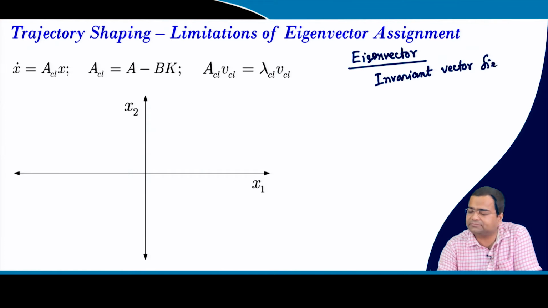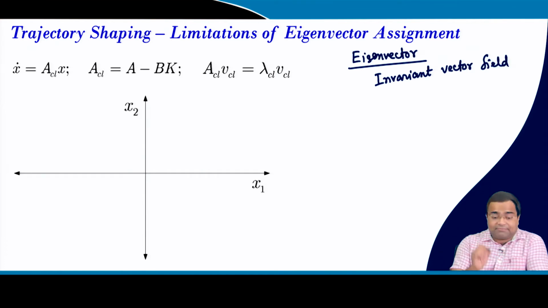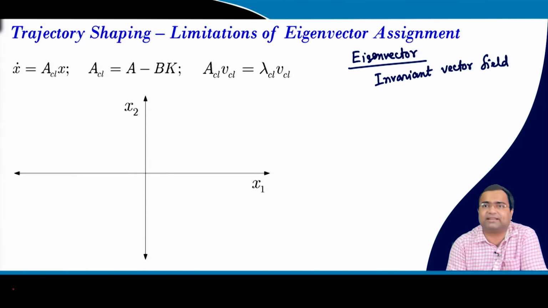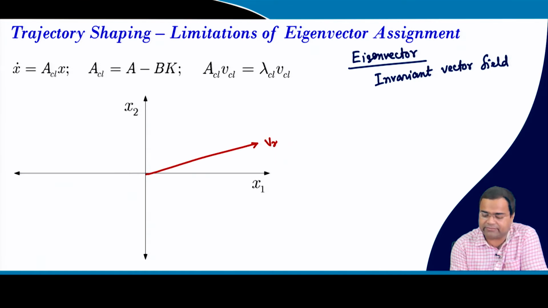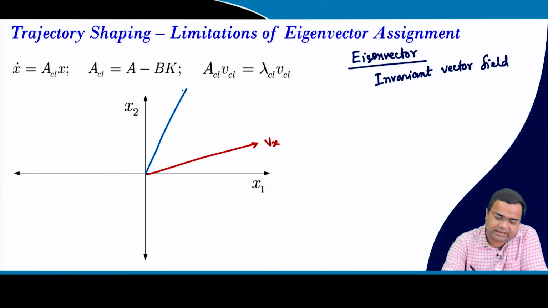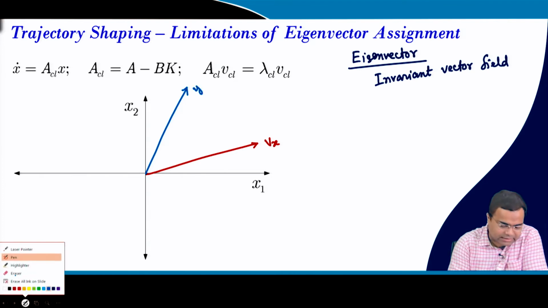What is that? Suppose for this system we have two eigenvectors, one along this line, let us say Vx, and the other eigenvector is Vy.